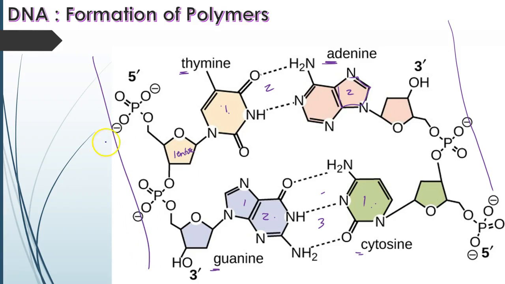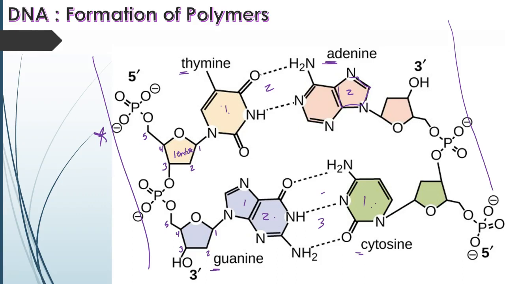This nucleotide, and again we're focusing on this nucleotide up here. Remember I said this was the 1' carbon, 2', 3', 4', and 5' carbon. This one down here, 1', 2', 3', 4', 5'. Now we need to talk about how nucleotides actually bond to the next nucleotide. And that's going to bring up these numbers up here.